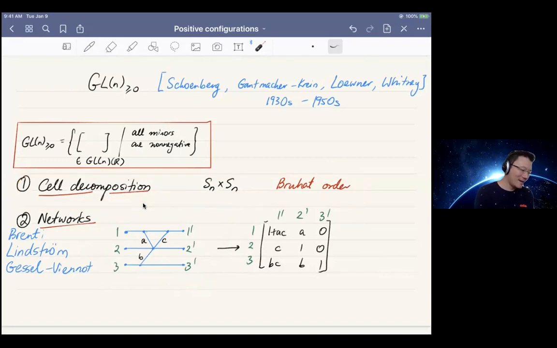In this case, from the work of Loewner and Whitney, you can obtain a cell decomposition of this topological space, and it has n factorial squared cells. In fact, if you look at the closure of the cells, you recover the double Bruhat order, and I think that's an observation of Lusztig, who I think was the first to realize that Bruhat order was related to this.